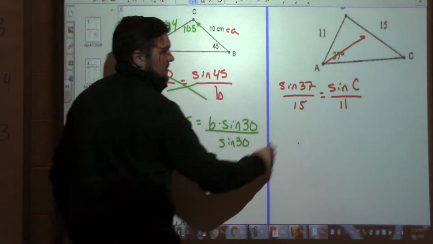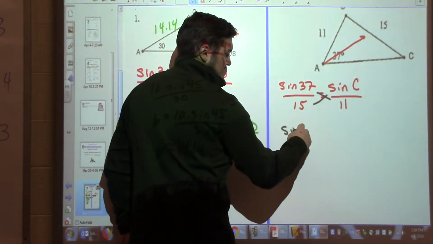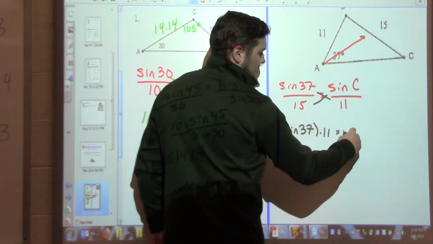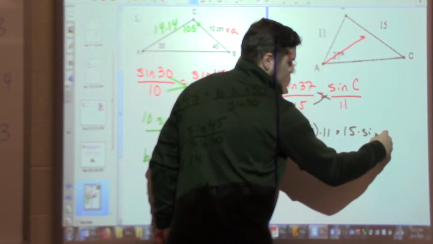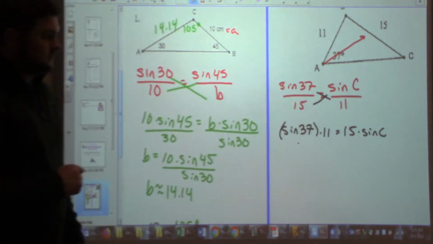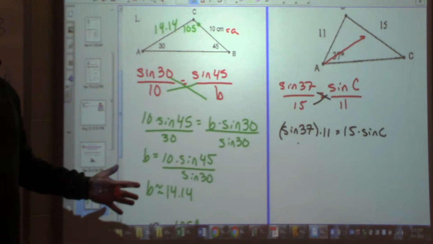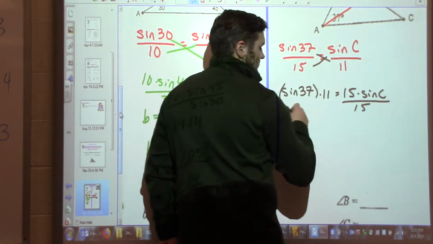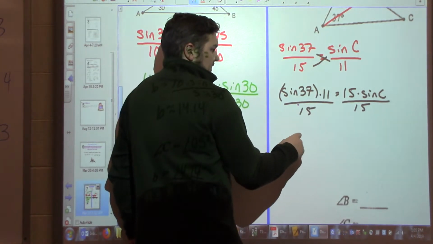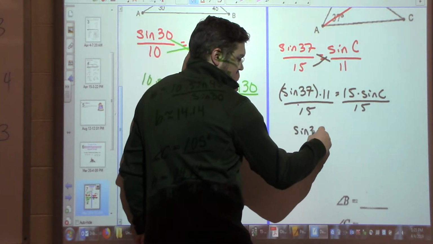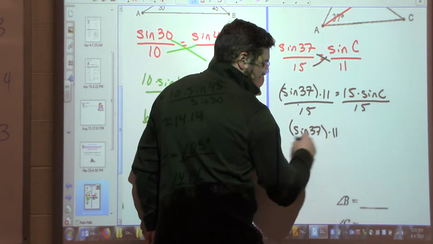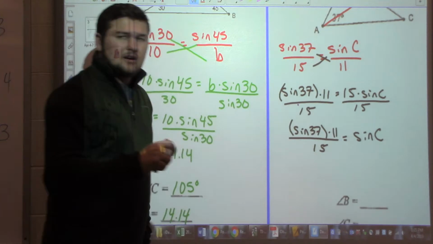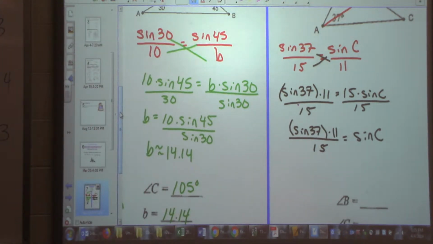So cross multiply once again. Sine of 37 times 11 equals 15 times the sine of C. Well, divide by 15, right? Let's start with that. Divide by 15. So I get sine of 37 times 11 divided by 15 equals sine of C. What's my last step I got to do here?